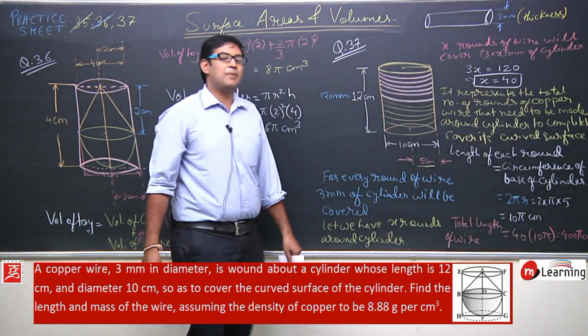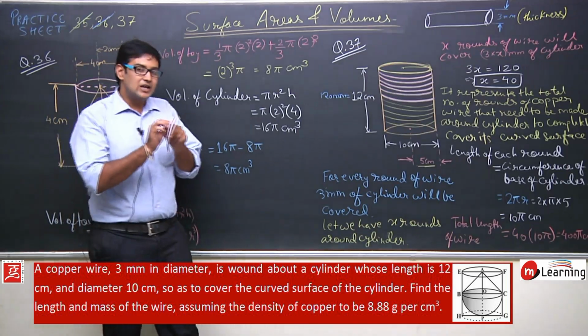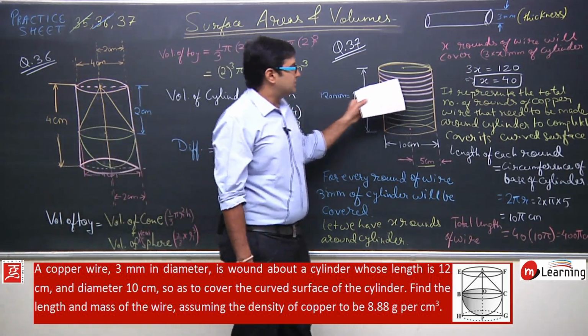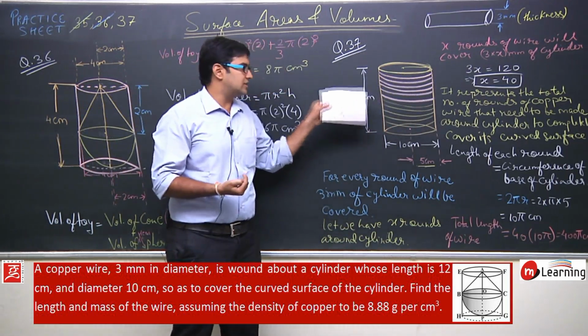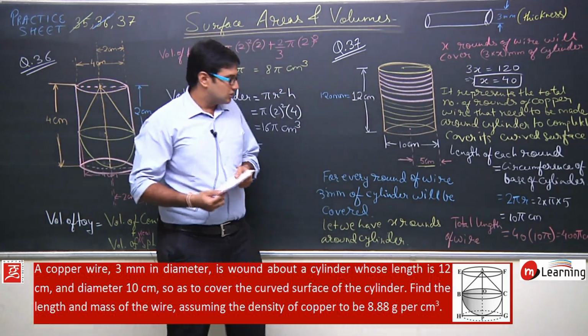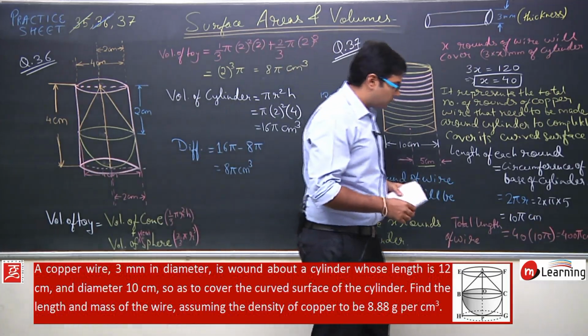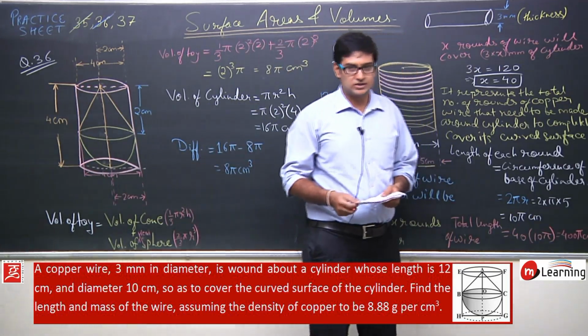So 400 pi centimeters is the length of wire that is required to completely cover the curved surface of this cylinder.